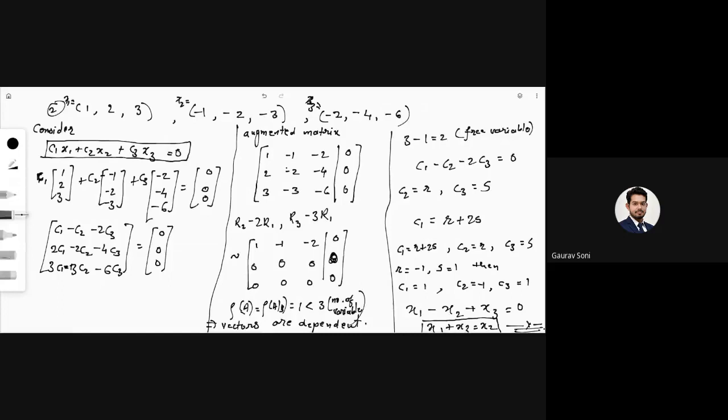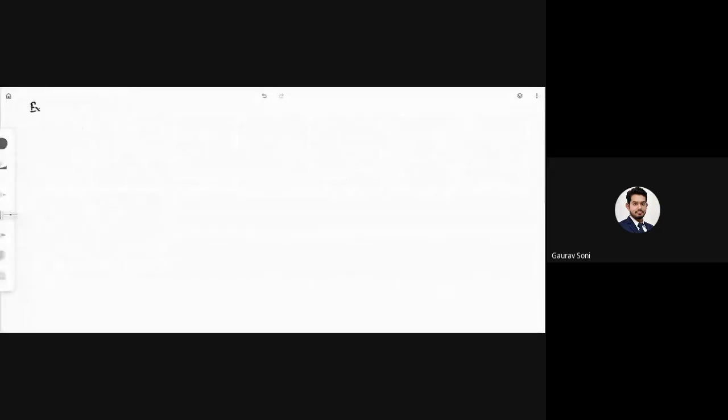One example for you. I will give you 5 minutes to solve. Example number 3. I'll give you just the three vectors.